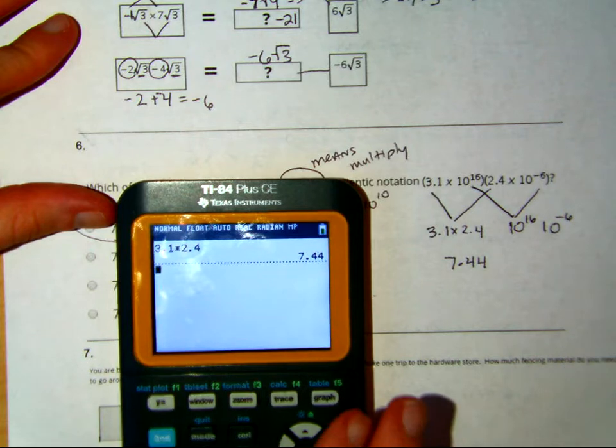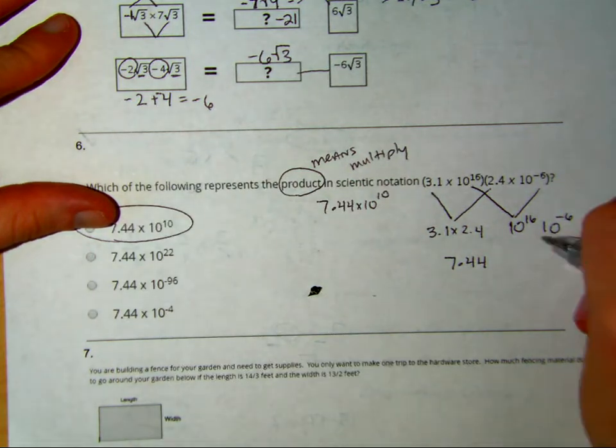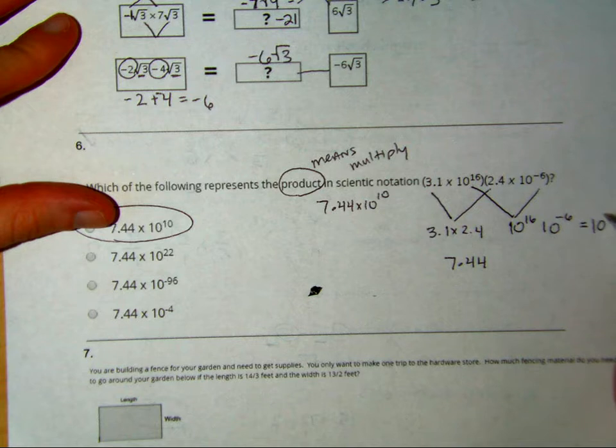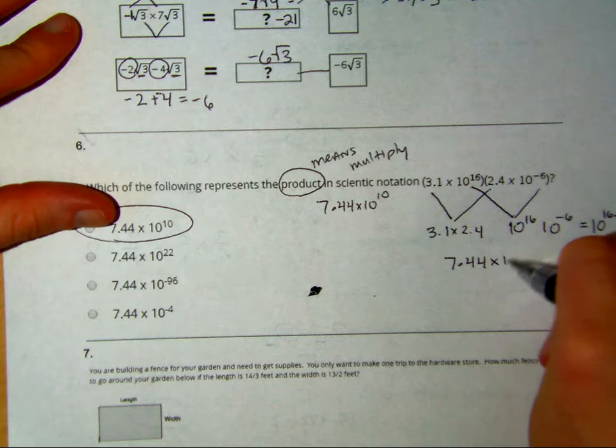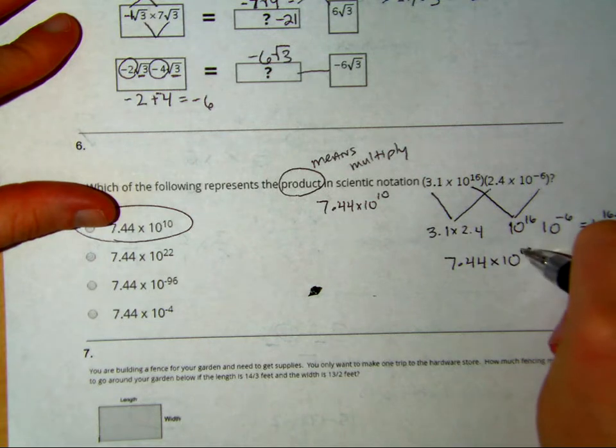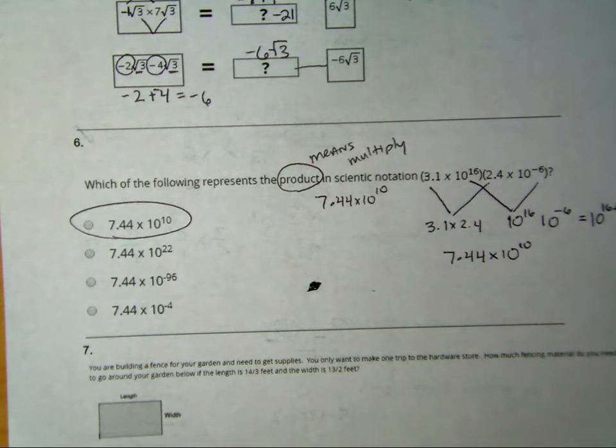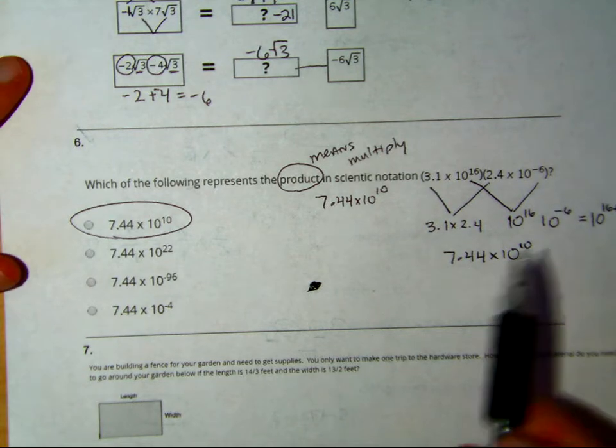And remember, when we multiply numbers with the same base, you add the exponents. So that's going to be 10 to the 16 plus -6, or 16 minus 6, which equals 10. So you end up with times 10 to the 10th power. So we got the same answer no matter which way you prefer to do it, whether you type it in or you use your exponent rules.